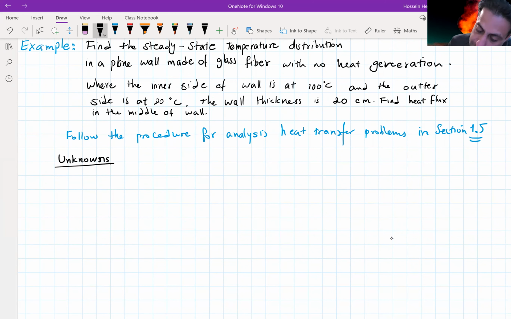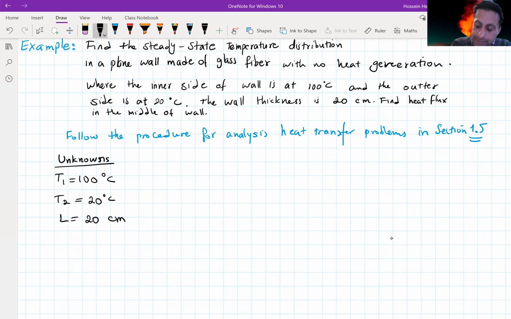We know the temperature at the inner side is given, T1 is 100 degrees C. The temperature at the outer side of the wall is 20 degrees C. And the wall thickness L is 20 centimeters.